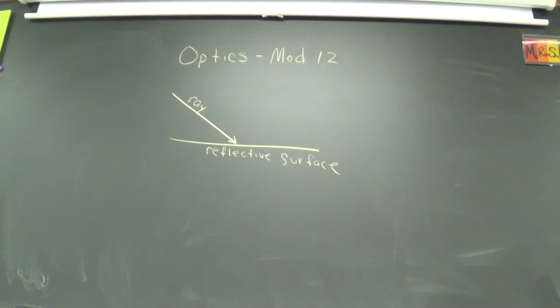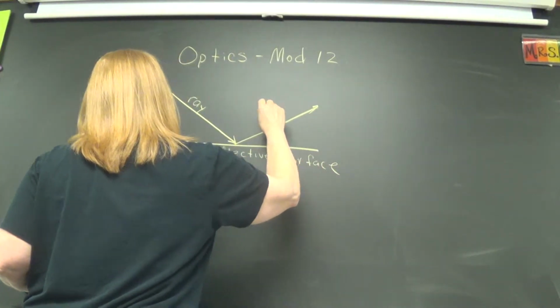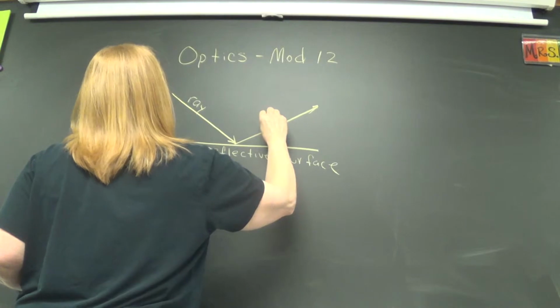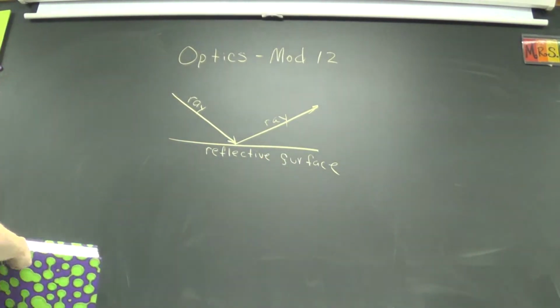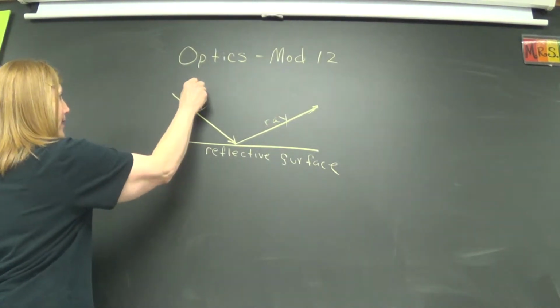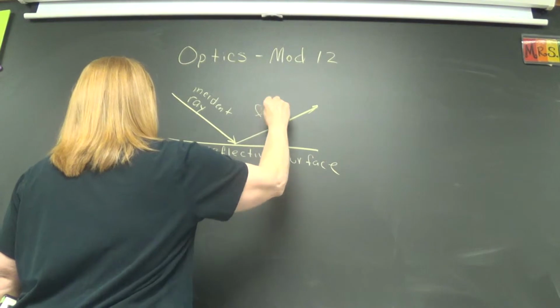From your experience in life with mirrors, you're aware that it will reflect like that. So here's the ray coming in, and here is the ray going out. The ray coming in is called the incident ray, and the ray going out is called the reflected ray.